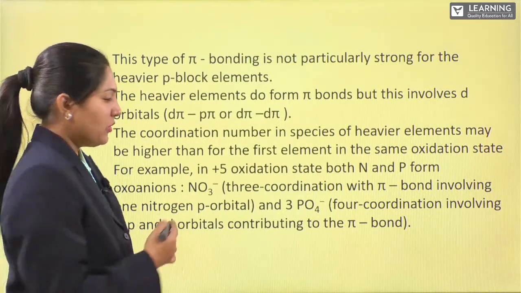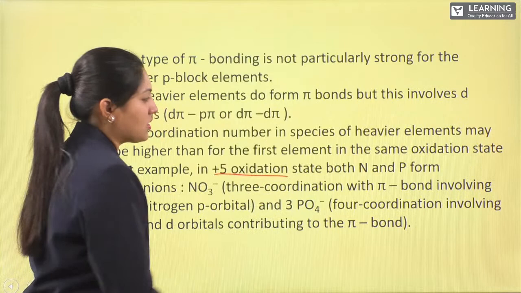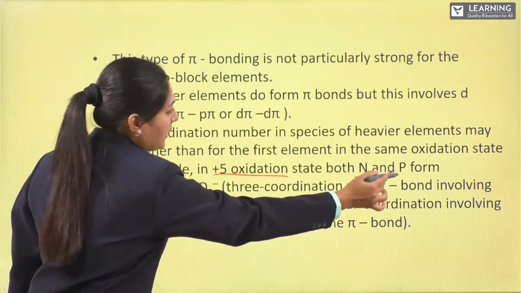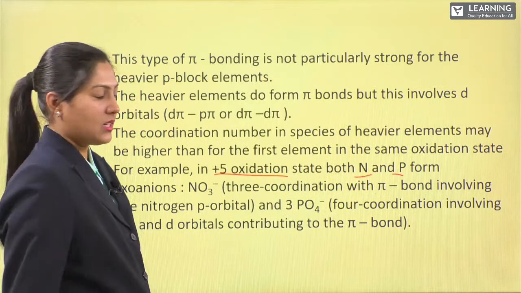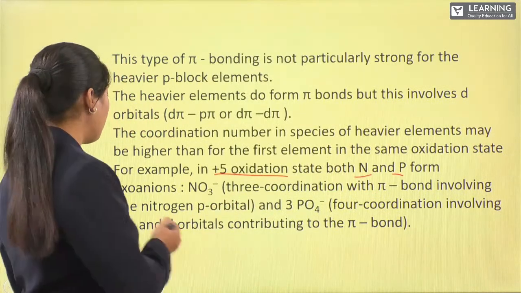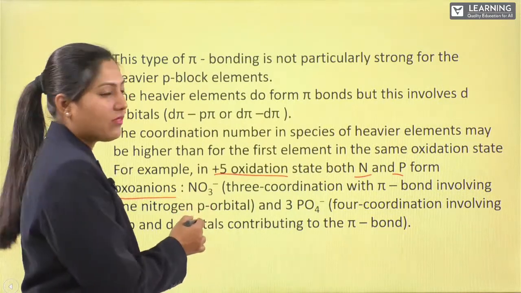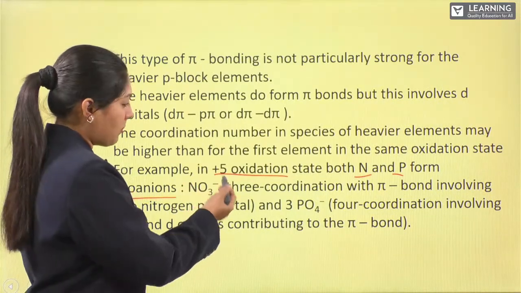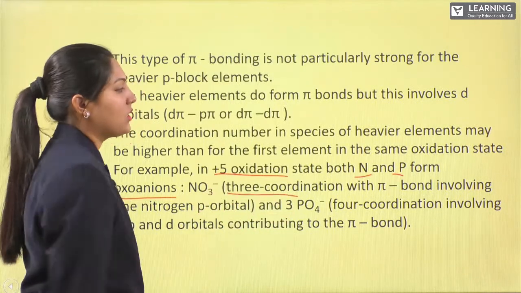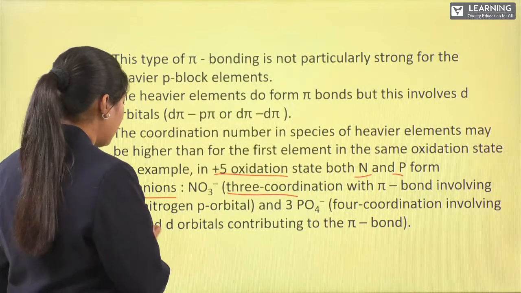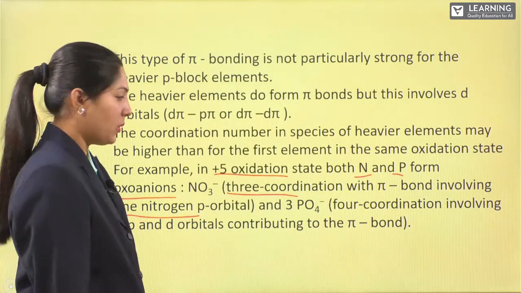For example, in the +5 oxidation state, both N and P form oxo anions. An example is NO3 minus, with 3 coordination, where pi bonding involves nitrogen with its p orbital.